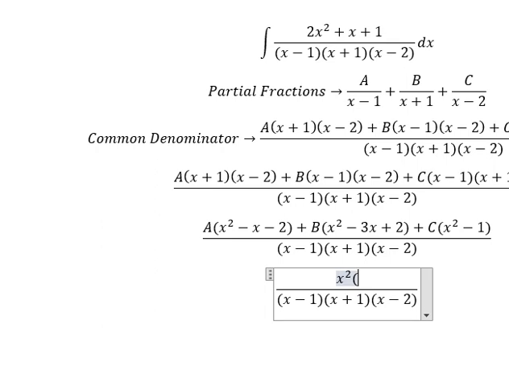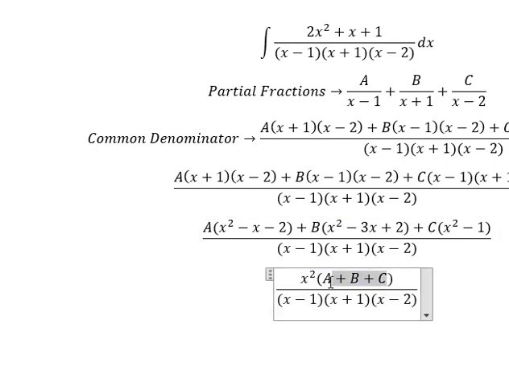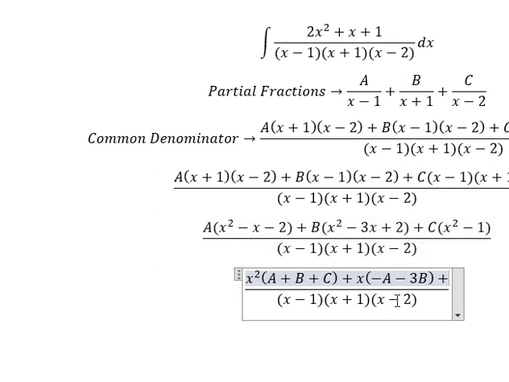About s squared, we have A, B, and C. Because we have A multiplied by s squared, B with s squared, C with s squared, that's why we have this one. About s, we have negative A, negative 3 with B. This one we don't have s.